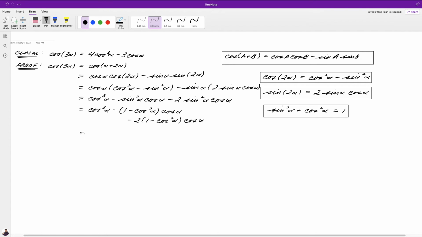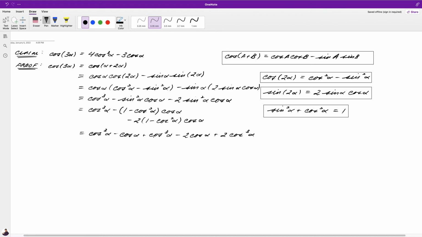Very good. Now let's go ahead and expand completely. So we're going to have cosine cubed alpha, minus cosine alpha, minus negative, so plus cosine cubed alpha, minus 2 cosine alpha, minus minus, so plus 2 cosine cubed alpha, and we're done.